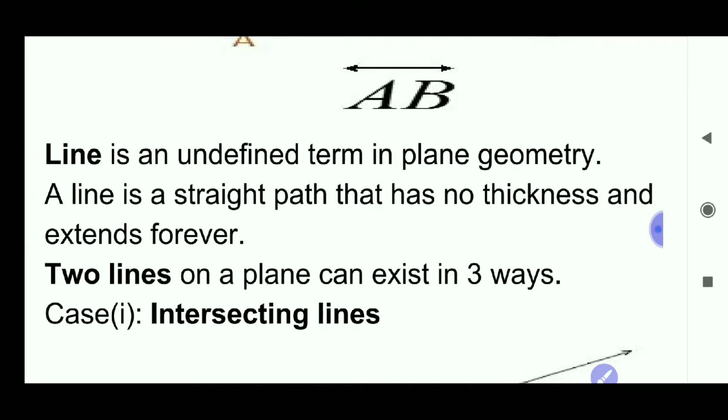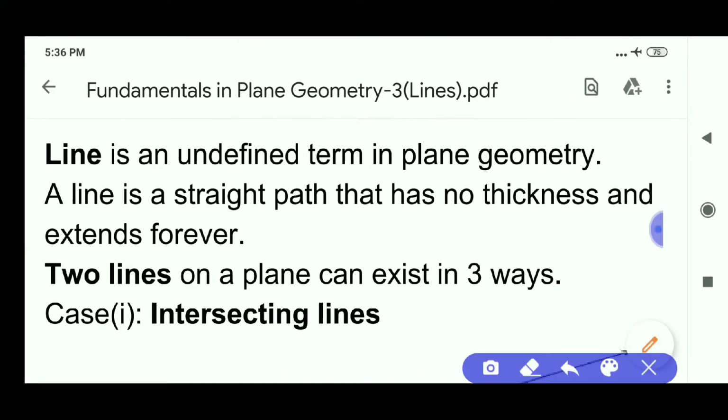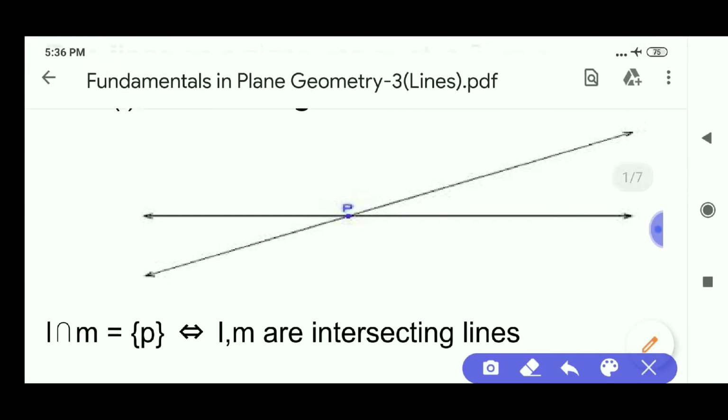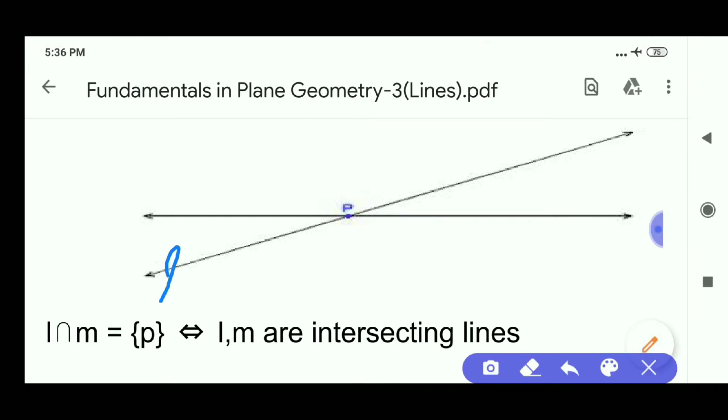Observe carefully. Two lines on a plane can exist in three ways. The first case is intersecting lines. Observe the figure. Here, two lines L and M intersect at a point P. So, mathematically we denote it as L intersection M is equal to the set {P}.